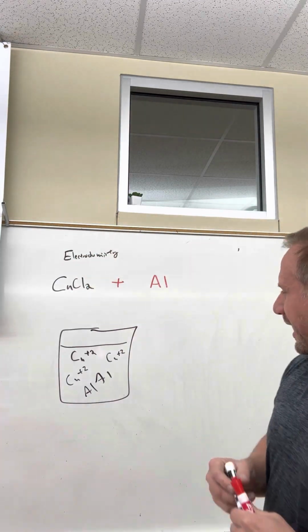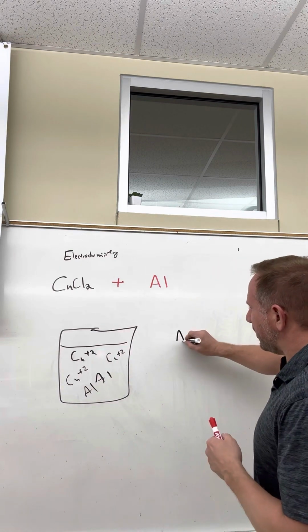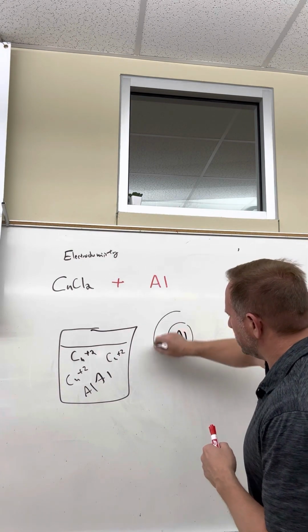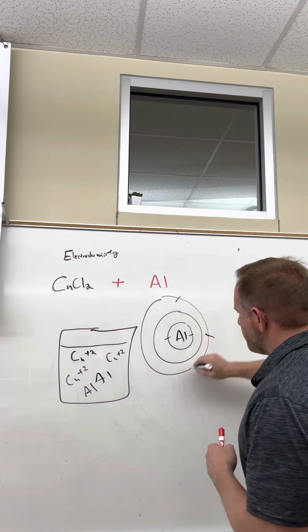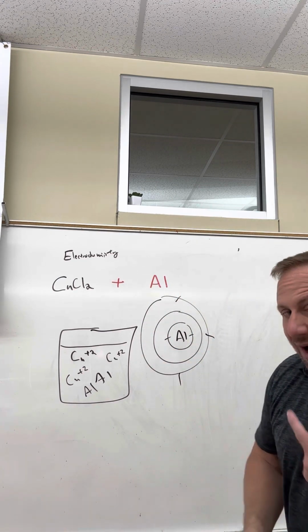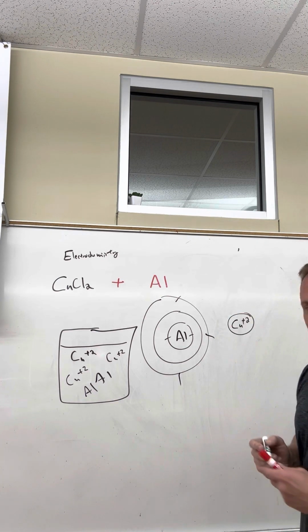Now, what's going to happen? This aluminum here has its own electrons. This copper ion is, of course, a positively charged ion.